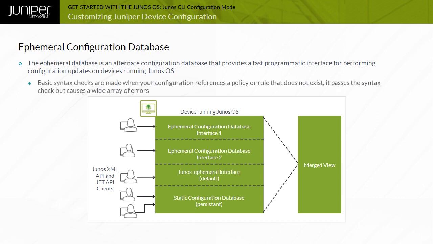When committing to the ephemeral database, basic syntax checks are made, but semantic checks are skipped. When your configuration references a policy or rule that does not exist, it passes the syntax check, but possibly causes a wide array of errors once the configuration gets committed.